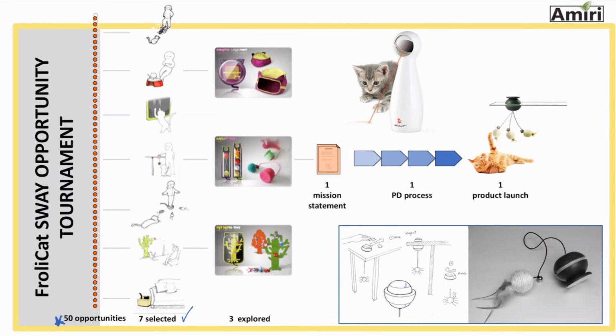So opportunity identification ends here. Mission statement is part of opportunity identification, but also is the start of your whole product development process. So that one is right on the line between your product development process and your opportunity identification.